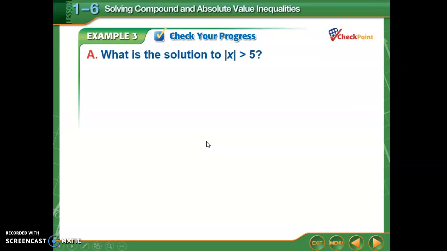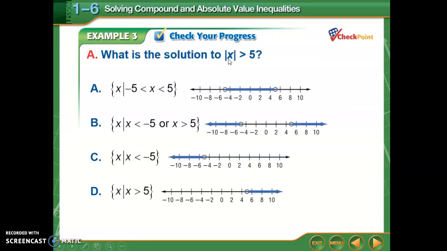Okay, let's have another one. What is the solution to |x| > 5? Alright, so what is our best answer here?